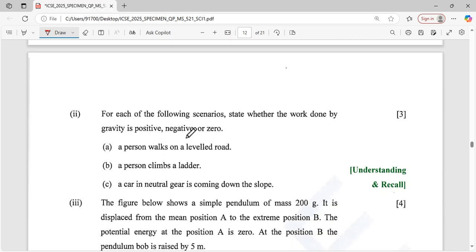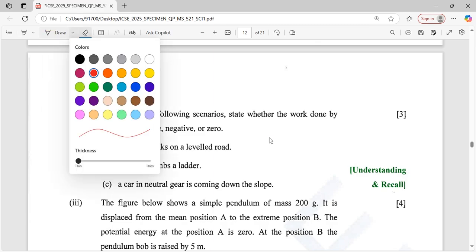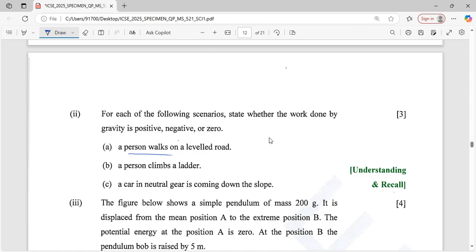Next, for each of the following scenarios, state whether the work done by gravity is positive, negative, or zero. Scenario number one: a person walks on a level road. The weight is downward. Weight is also a force, and there is a displacement.